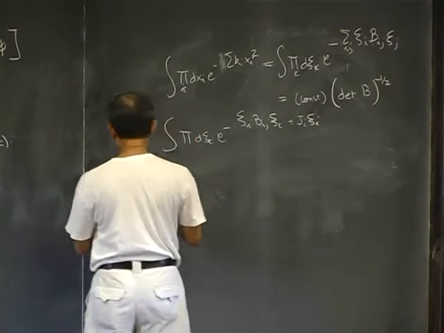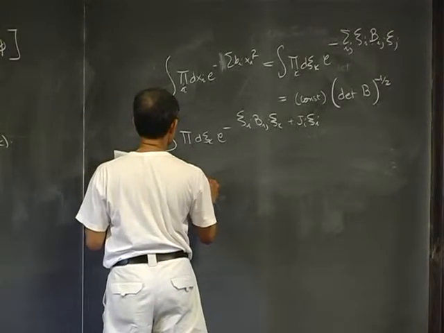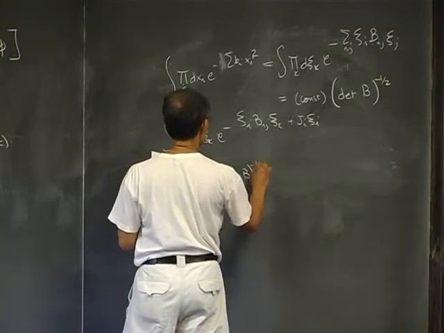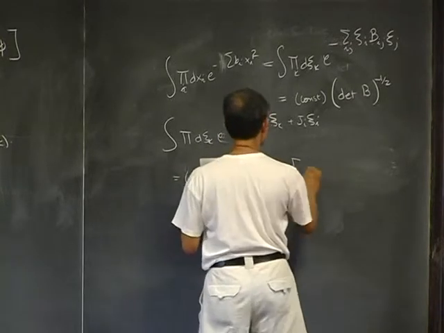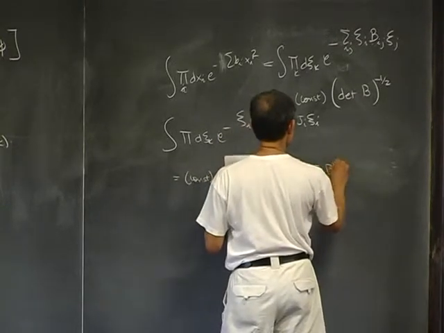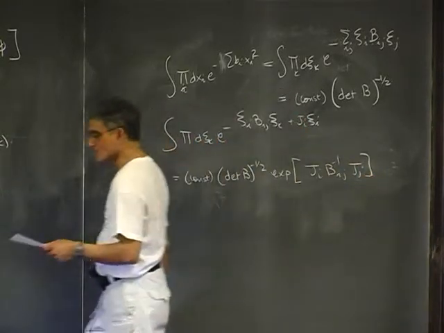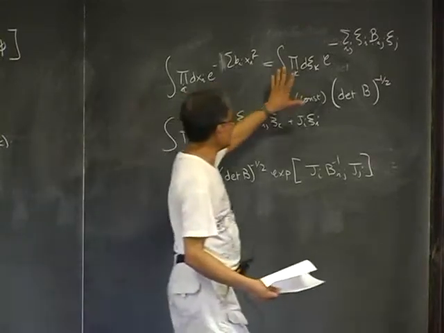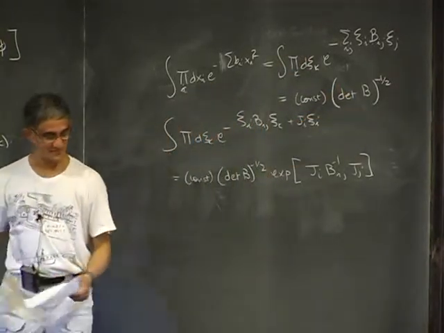Then what you find is that the result of this integral is some irrelevant constant, determinant B raised to the power minus half, and then exponential of ji B inverse ij jj. This is also very easy to prove just by using the trick which I just showed to evaluate the first integral. Okay.